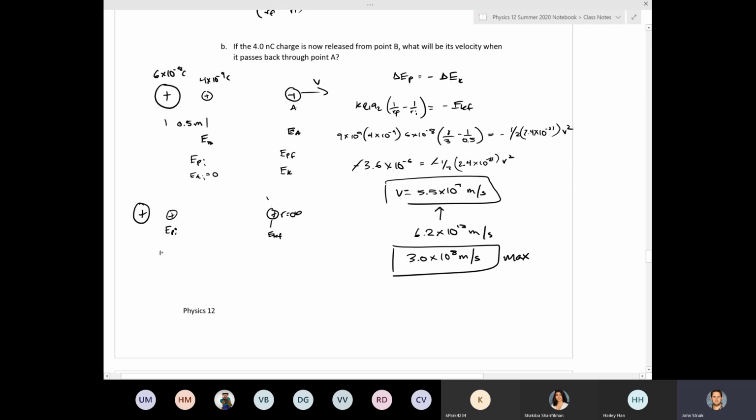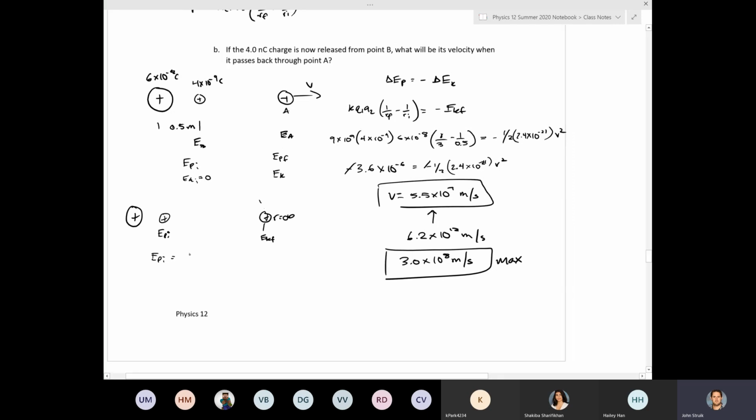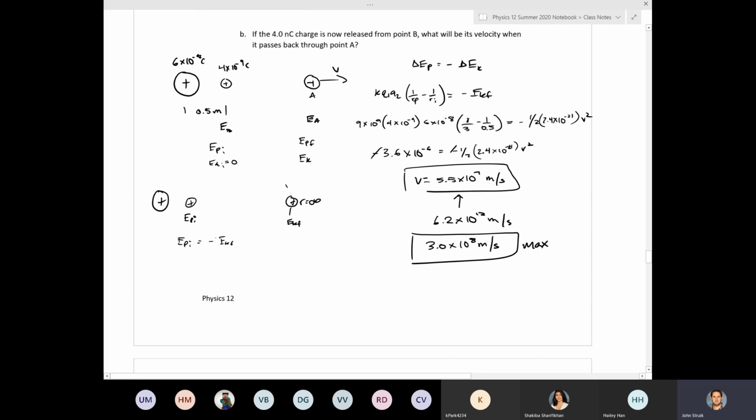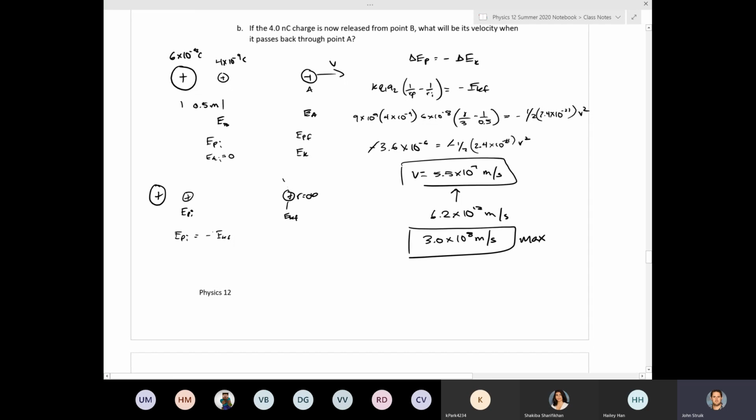So we have EPI equals, I'm trying to do this in my head, delta EP equals negative EKF. Is that right? Give me a sec. Oh yeah, no, this is negative, right? Because EPF is 0, so it subtracts. There we go. Now they can cancel out. Just trying to figure that out.